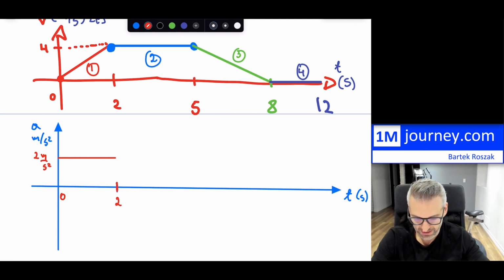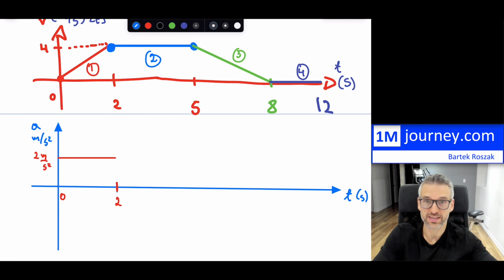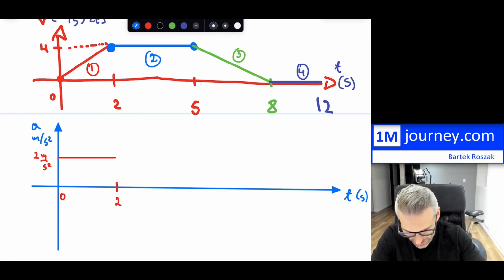Now, your second part, it's a flat line. So the slope of that flat line, right here, it's going to be literally a flat line. So maybe I'll draw it from here. Now, as I go here, we can put this dot and then we'll put a little empty dot so that we can draw this.